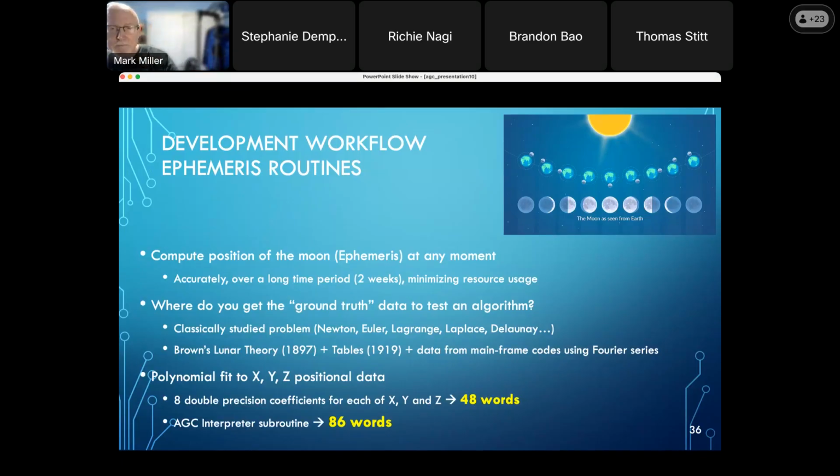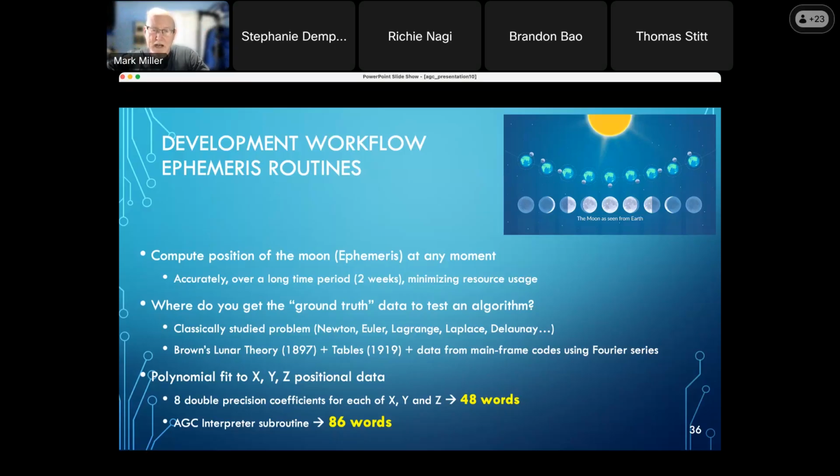So this problem had been studied a lot. And what they needed to do is basically have it woven into the rope cores of the computer months before the actual mission, so that when they were flying the actual mission, it would know the location of the moon during that 2-week period that a mission lasted. So they would use land-based computers to predict where the moon was going to be.